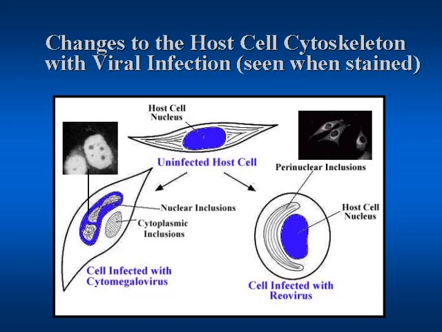The inclusion in a cell infected with reovirus appears as a crescent surrounding the nucleus of the host cell. It's called perinuclear inclusions. Whereas in the lower left picture, a cell infected with cytomegalovirus shows nuclear inclusions plus cytoplasmic inclusions.